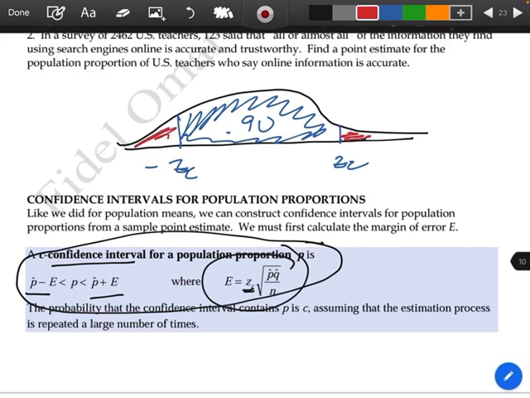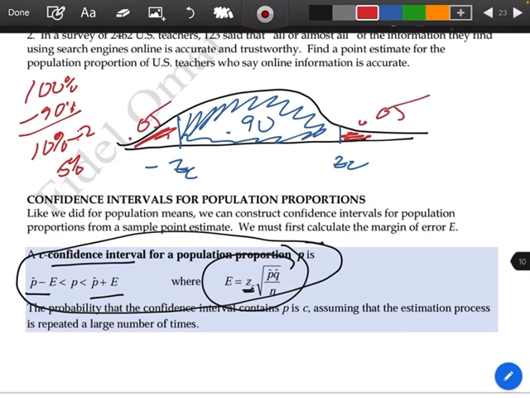So we're trying to figure out how much is going to be left over here and over here. Remember, the whole area is 100%. If we subtract 90%, we're left with 10% for both of those areas. So if we divide that by 2, that's 5% for each area. As a decimal, that's 0.05, and this one over here is 0.05.